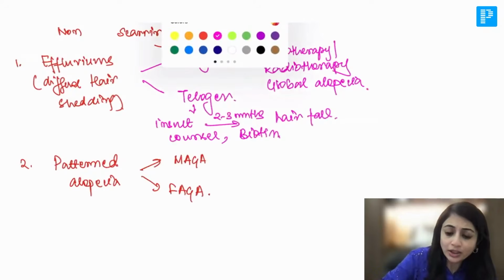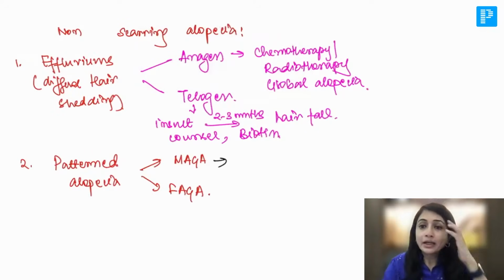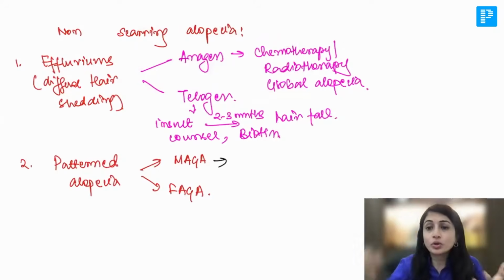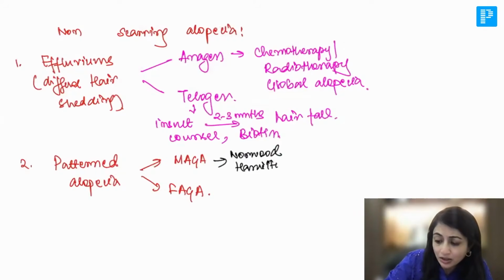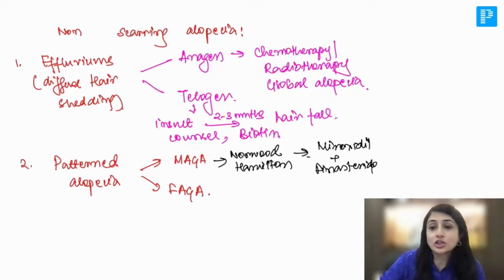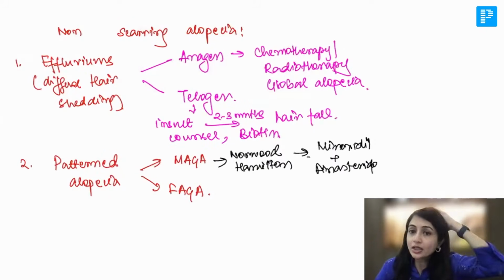In male androgenetic alopecia, you see bitemporal recession and vertex balding, and the scale used is the Norwood-Hamilton scale. How do you treat? You give minoxidil and finasteride, right?